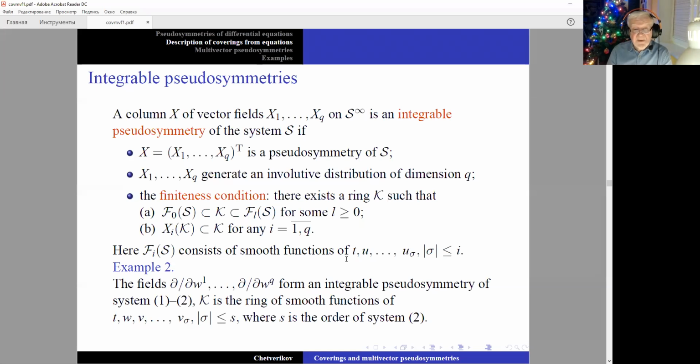Example: the fields d, v, w1 and wq form an integrable pseudosymmetry of system 1, 2. The ring K is the ring of smooth functions of these variables, where s is the order of system 2.